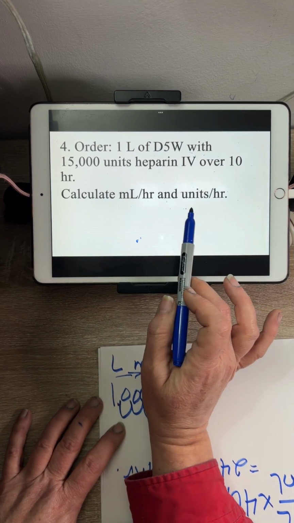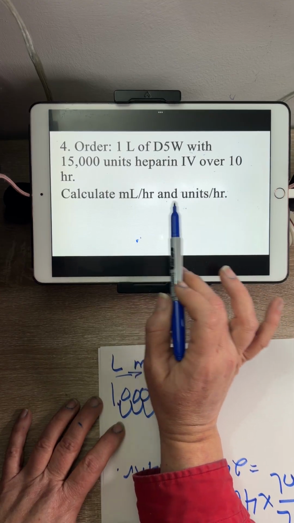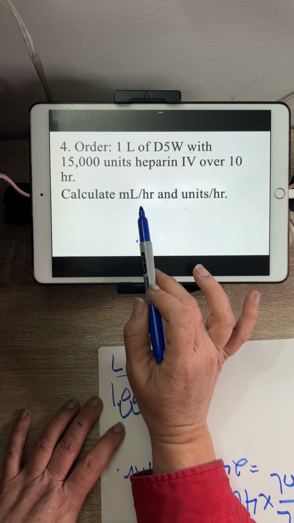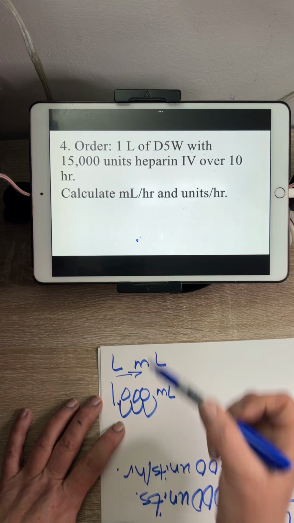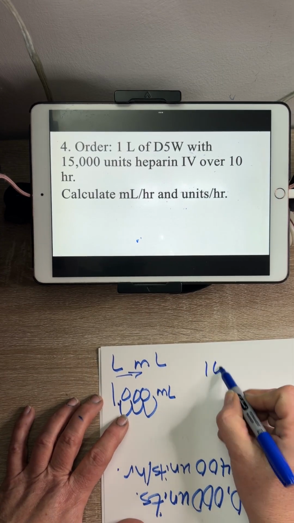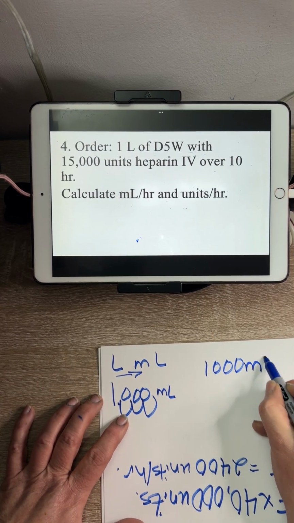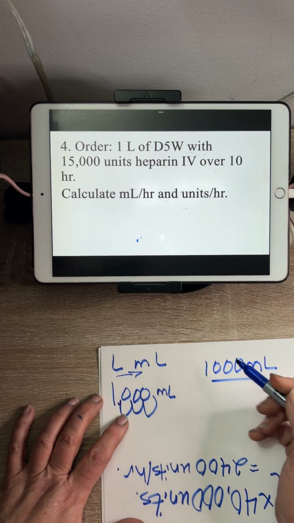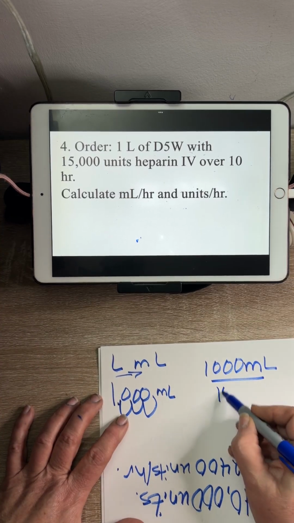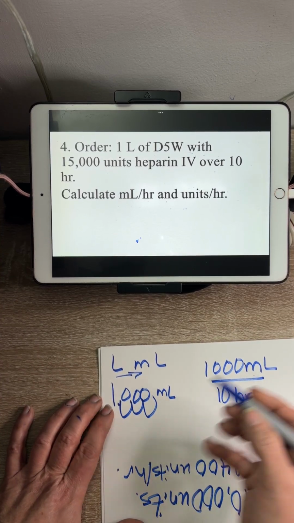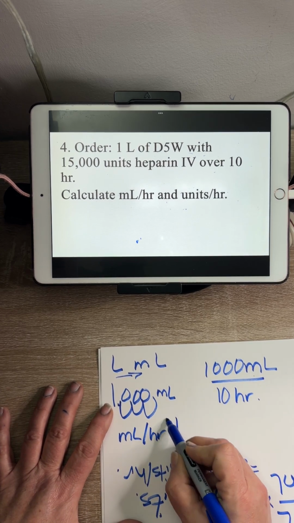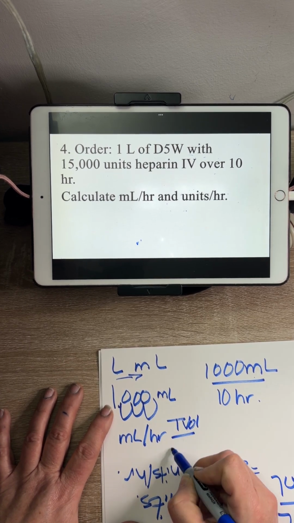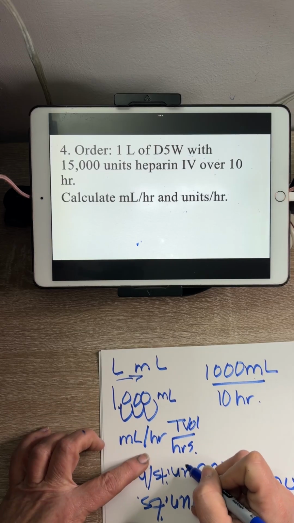And they want to know the milliliters per hour. So to find that, all we need is the 1 liter, which is 1,000 milliliters, and we got to divide it by the hours. It's 10 hours. Because milliliters per hour, the formula is the total volume over your time in hours.